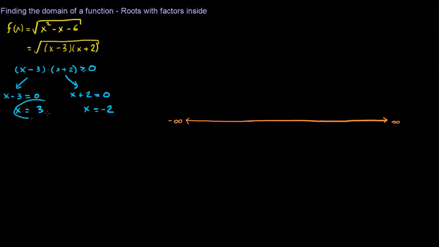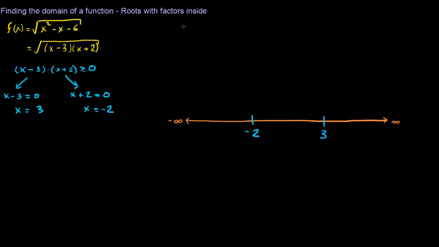Now I have to place these two values for x in the number line I have here on the right. So I'm going to place here the negative 2, and here positive 3. Now I have to pick a value that falls into the interval from negative infinity to negative 2, another value in between negative 2 and positive 3, and a value from positive 3 to infinity.